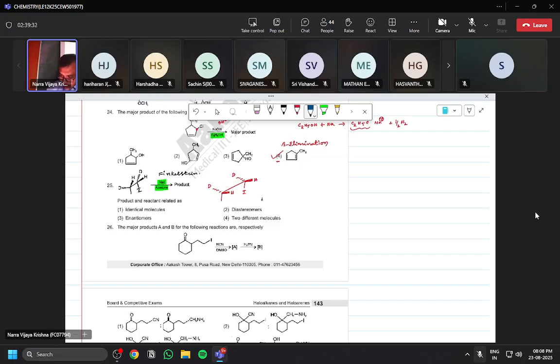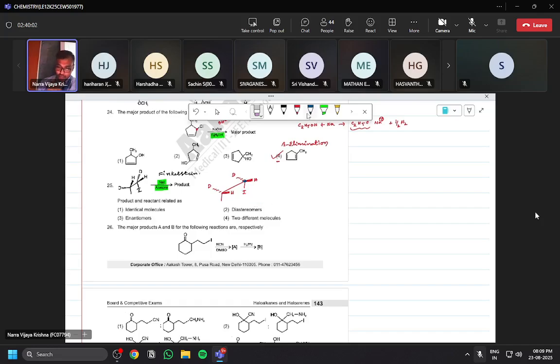Now, Na plus I minus, right? So I minus should go and pull this I plus. Then what you will get? Carbocation. And if it pulls, anion you will get. Elimination is also not possible.